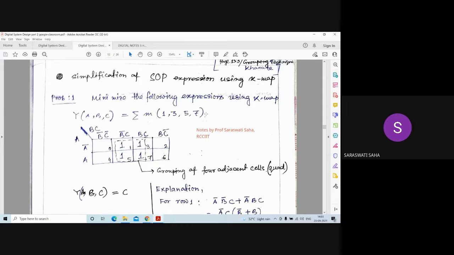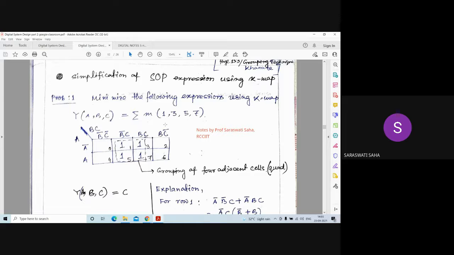You should minimize the expression which is given here. And the ultimate purpose is, after minimization, you should realize the circuit with the help of basic logic gates. That is the objective. Now, how can you minimize the expression using K-map?